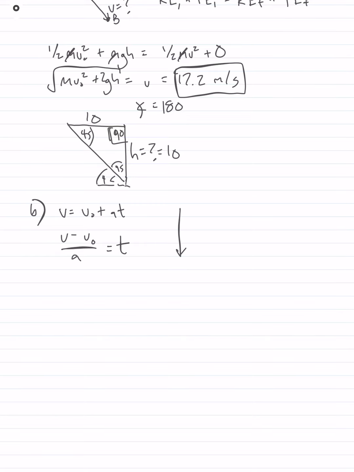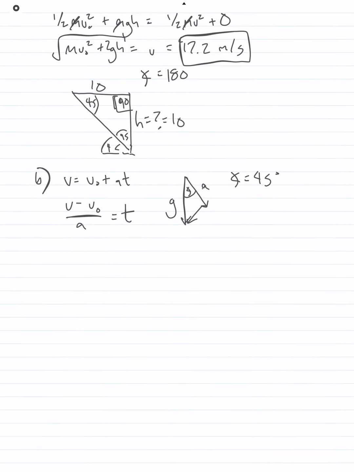So the only acceleration that we have is the gravitational acceleration, which goes straight down. This is the acceleration that we care about here. And remember that we have the angle being 45 degrees.